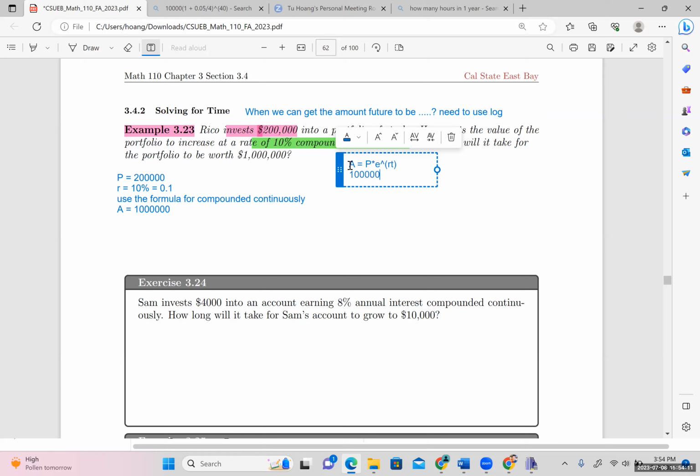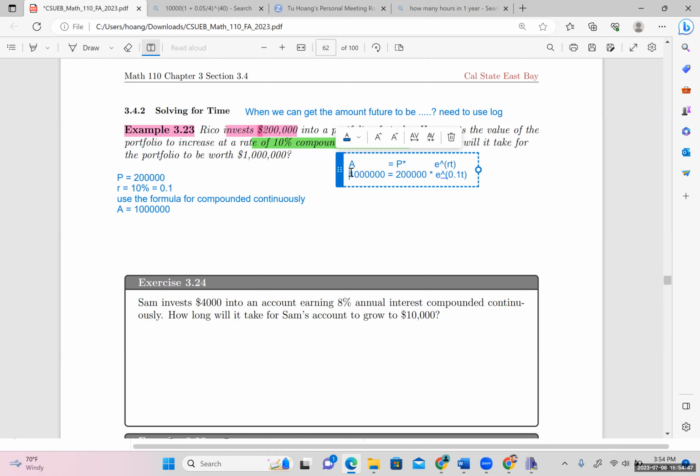A is 1 million, equal to P is 200,000 times e raised to the power r, which is 0.1 times t. Okay.